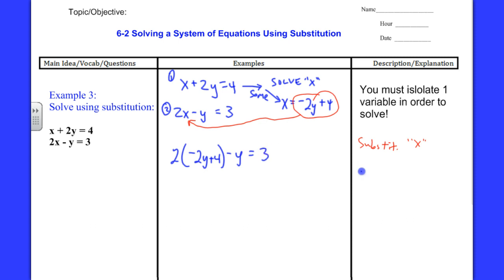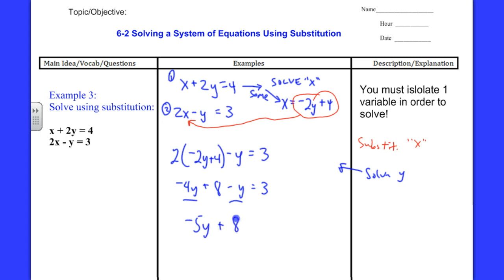Now we're going to solve for y. Distribute: negative 4y plus 2 times 4 is 8, minus y is equal to 3. I'm going to simplify this and combine like terms. Negative 4 plus negative 1 is negative 5y plus 8.